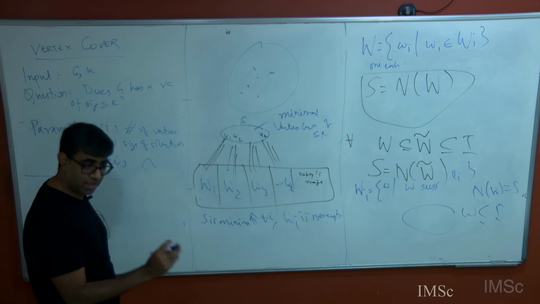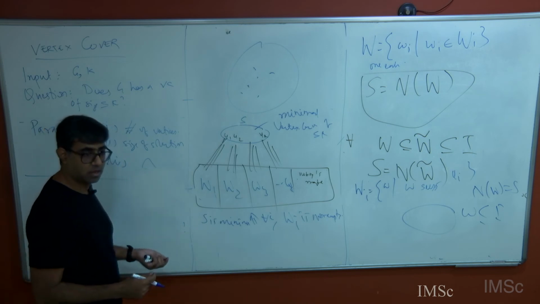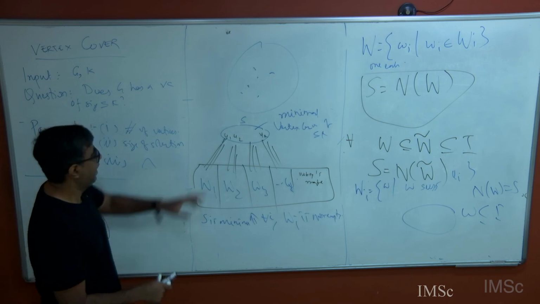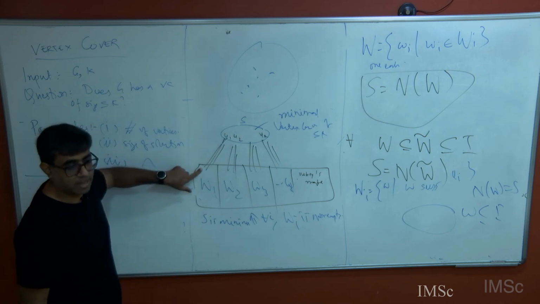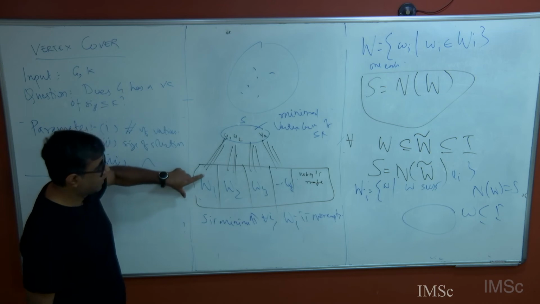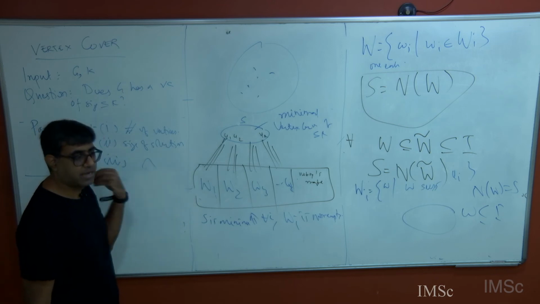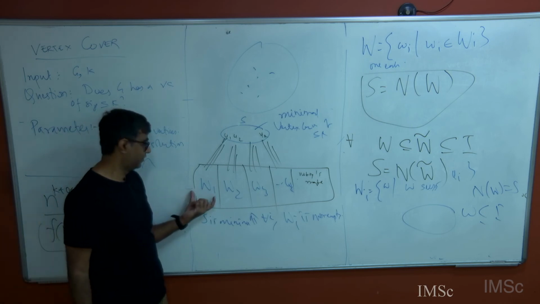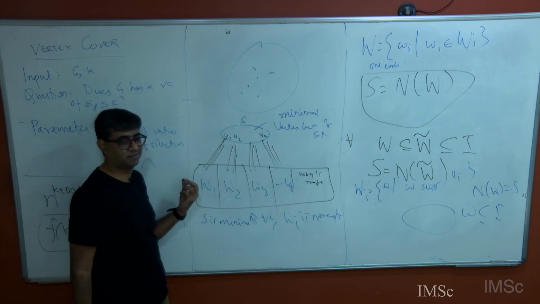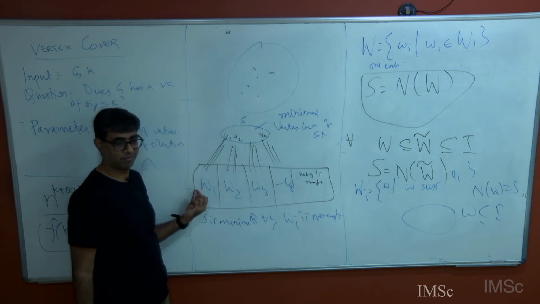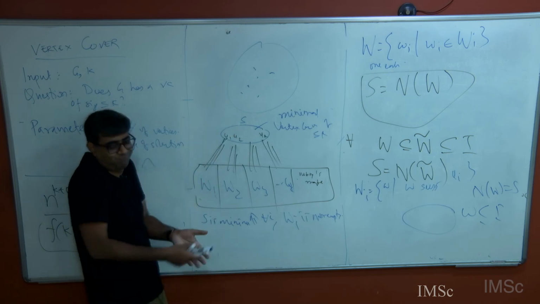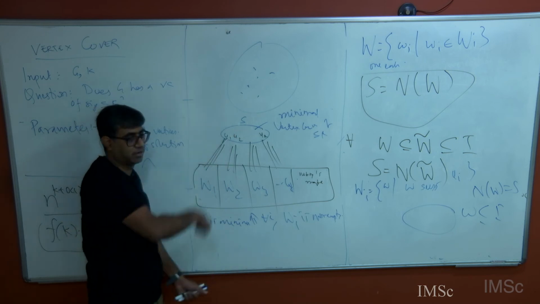And so because it's a minimal solution, everybody must be covering some edge, right? Which implies that the W_i's are non-empty. Minimality just guarantees that it's not vacuous. This W must be covering some edge, otherwise you would have moved it down, no?